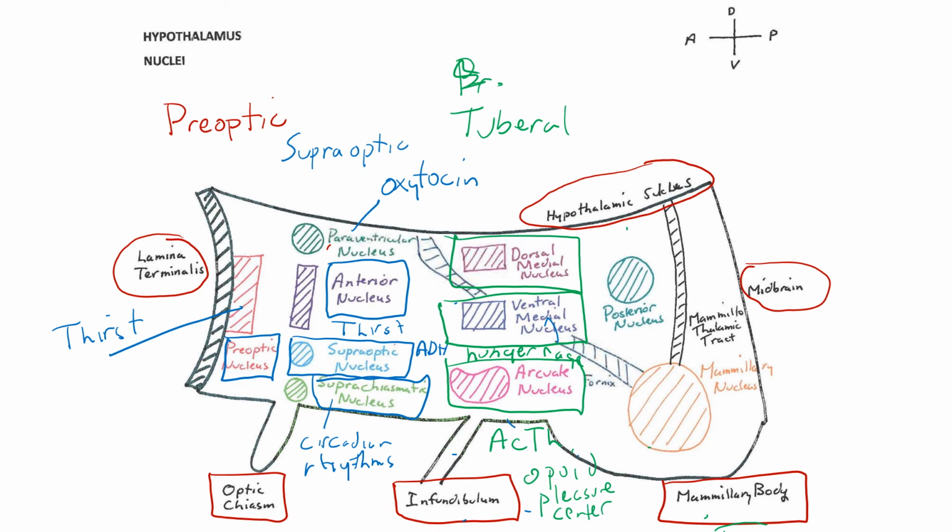And then finally, our last group of nuclei are going to be the mammillary group. The mammillary group of nuclei is made up of two different nuclei. The first and the largest of these is the mammillary nucleus.